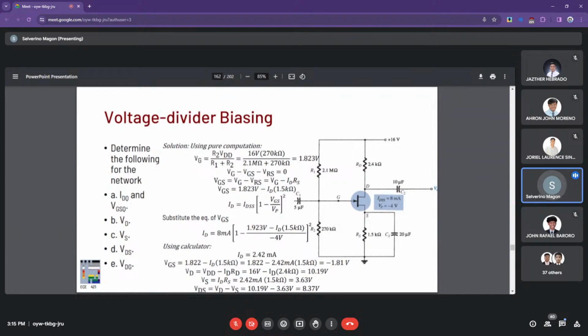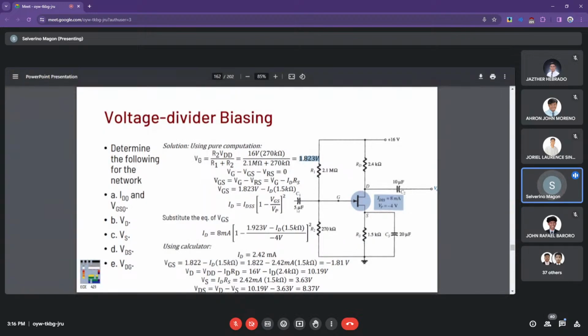Rearranging, we have the following equation. VGS is equal to VG, which we obtained already in this section, minus ID, which we've yet to define at Q point, times the RS value at 1.5K right here, right?